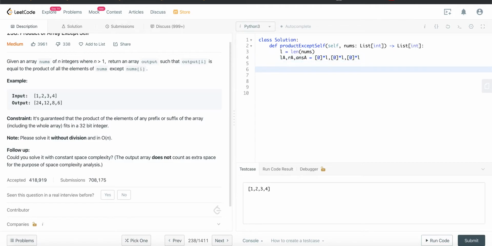So first we are building the left array. Before building the left array, I am taking the value at index 0 as 1.